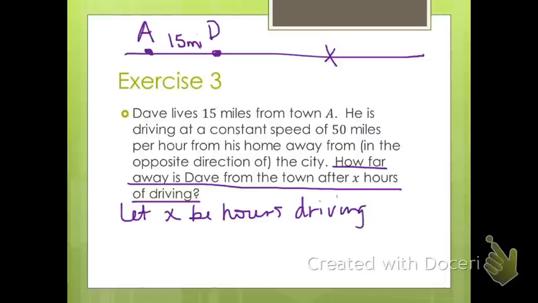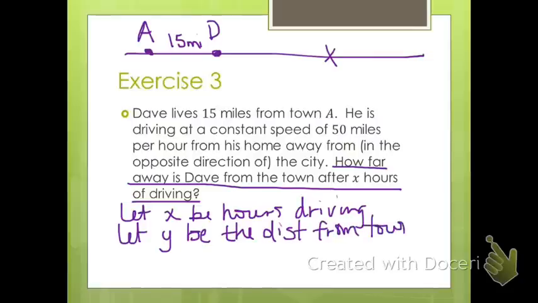Okay, then we're going to let Y be what they ask us here in the problem. How far away is Dave from the town after driving for X hours? Let Y be the distance from town.